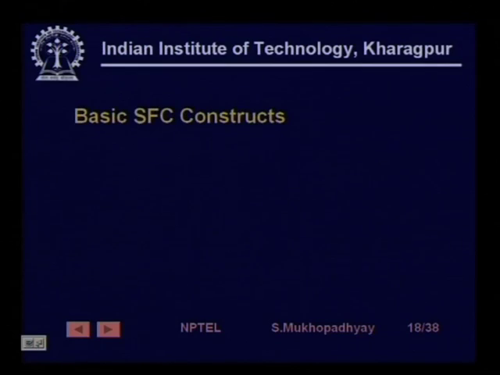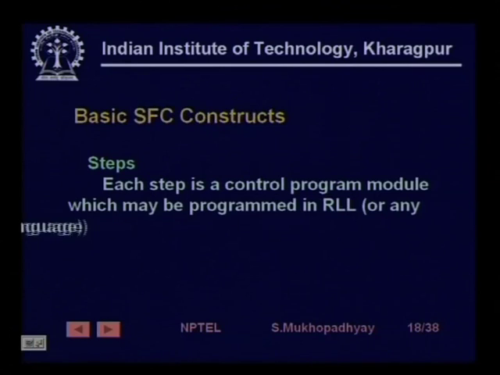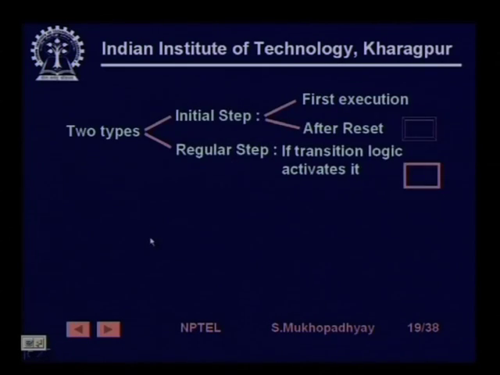So, let us take a quick look at the basic SFC constructs. They are basically state machine like constructs and contain some simple programming constructs with which we are familiar. Just like states and transitions, here you have steps and transitions. Each step is actually a control program module which may be programmed in RLL or any other language. As I said, it is a function. These steps can be of two types. Number one, the initial step, which I had marked, and its execution can happen in two cases.